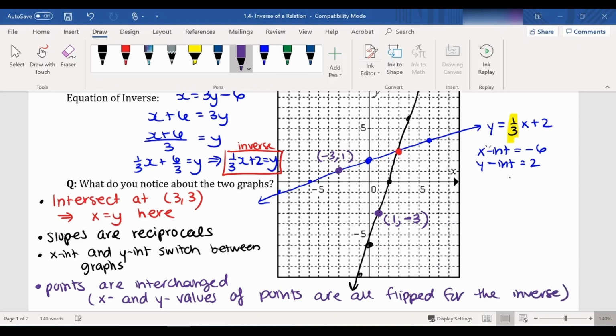What this means is if you have not been given an actual function, an equation you can use and resolve for y, if we're just given a graph and asked, please graph the inverse, we can. All we have to do is flip all the points, and we're going to do that in an example on the next page.